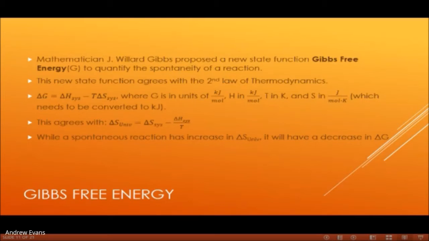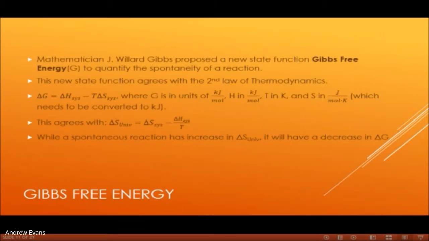So rearranging the original equation, we get delta G, which is a state function, is equal to delta H minus T delta S. So delta H is our enthalpy, T is our temperature in Kelvin, delta S is our entropy. Delta G is typically given in kilojoules per mole.